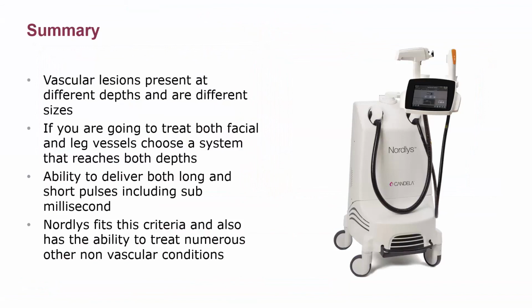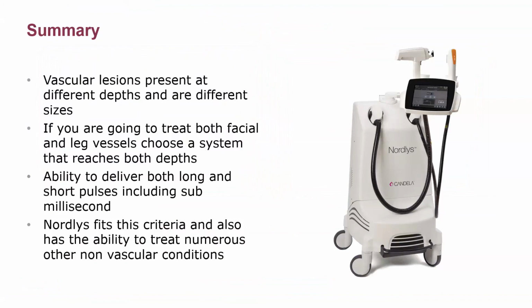So that's basically the end of my presentation. Just really a quick summary. When you're thinking about treating vascular lesions, remember they present at different depths and also they're different sizes.